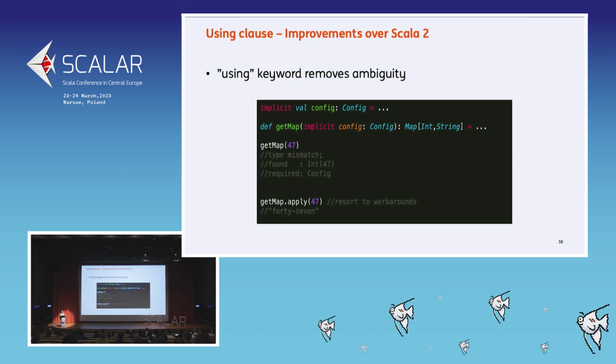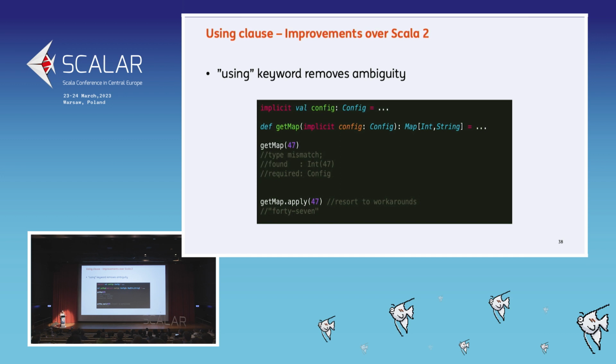So when I call the map method and I try to fetch a value from the key, I'm passing the value 47 to the map, assuming that I'm passing this as an apply to the map method. But that's not what the compiler has thought about it. The compiler has taken the integer 47 as an explicit argument to the config parameter.